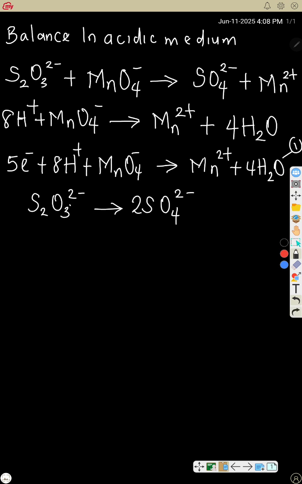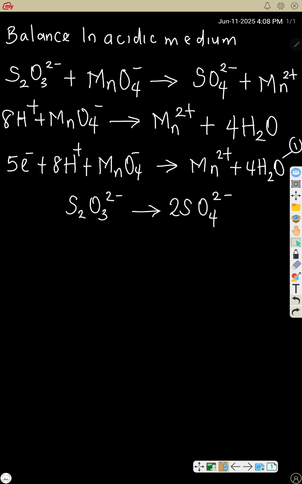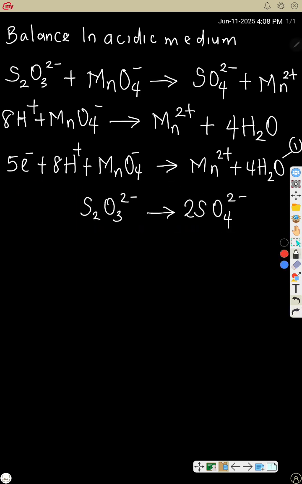How many oxygen do we have here? 3. How many oxygen do we have here? 4. So I need to add one water to the side that is short of one oxygen. So I'll add one water here, that is H2O. So why one water? The difference between the oxygen is 1.